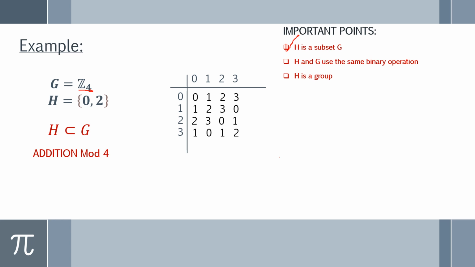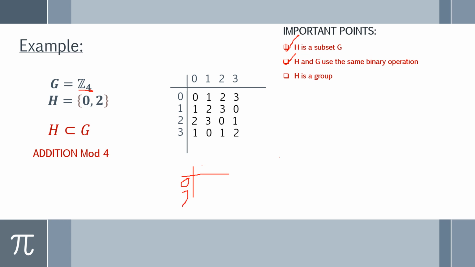So it's check, both are using the same binary operation. Let's make a table to verify this. Right here is the table of H, with a set of 0 and 2.